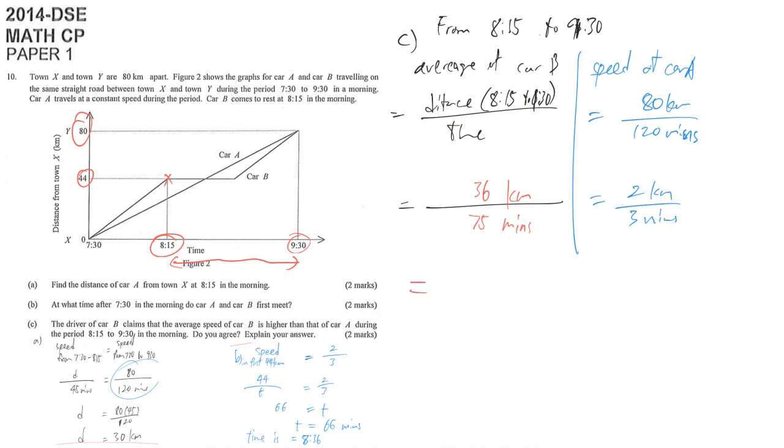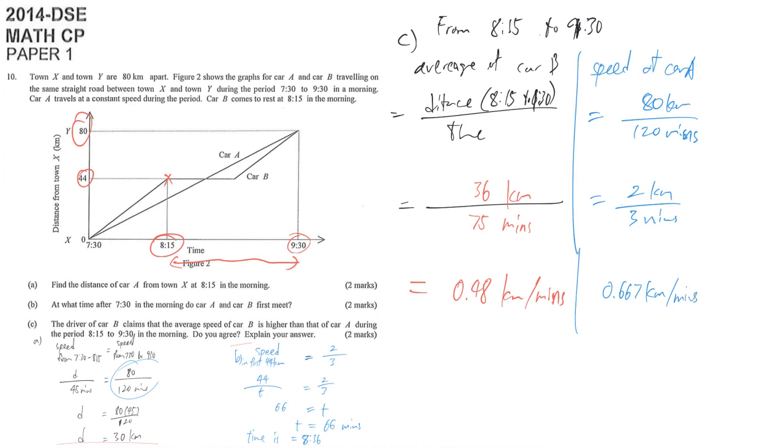So for car B, the average speed is 0.48 km per minute. Just make sure they use the same unit, it's fine. It's not necessary to change to km per hour. For car A it is 0.667 km per minute.